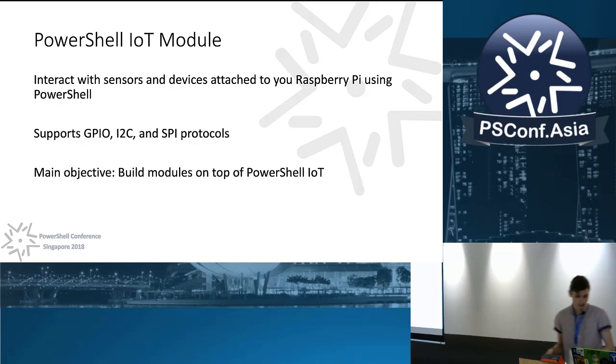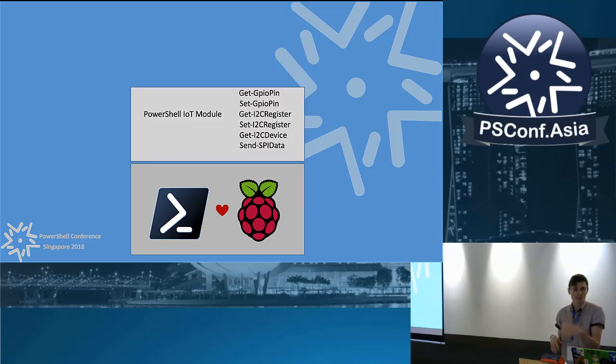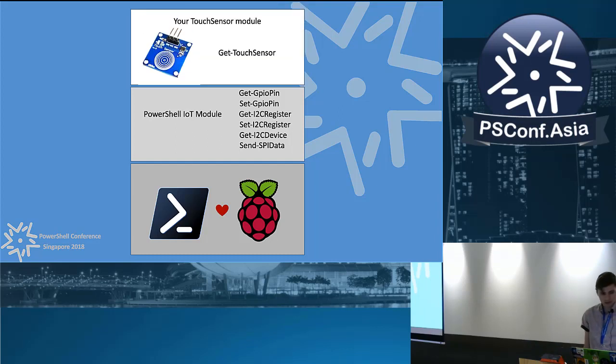To get a sense of what that means, at the bottom we've got our Raspberry Pi and we've got PowerShell running on the Raspberry Pi. Then on top of that we have the PowerShell IoT module, and that exposes a bunch of different commandlets: Get-GPIOPin, Set-GPIOPin, etc. And then from there, you as the module developer will leverage the PowerShell IoT module to make hardware-specific modules.